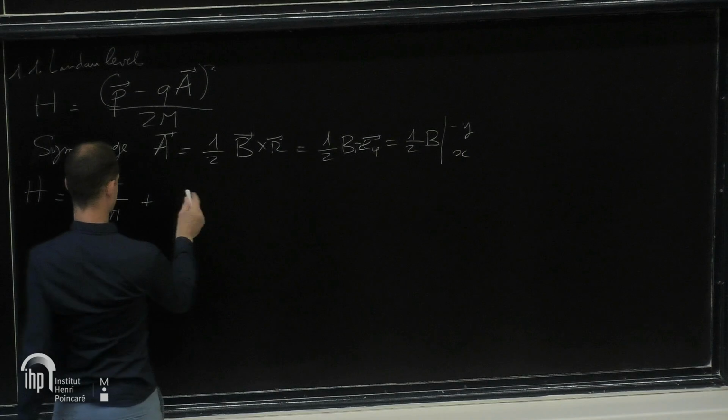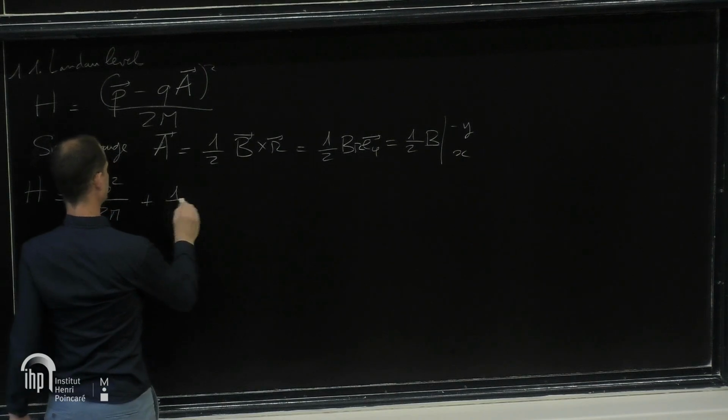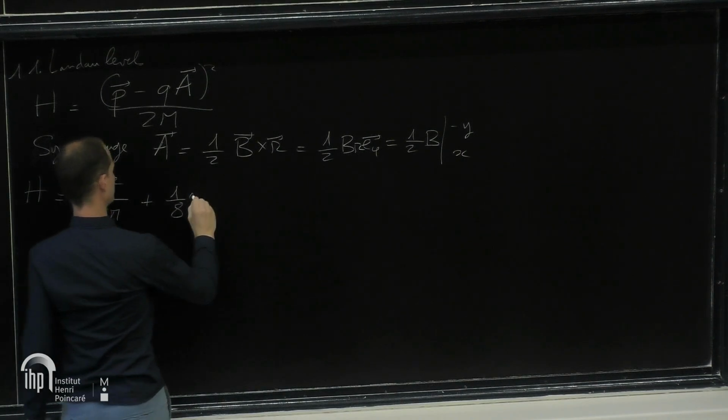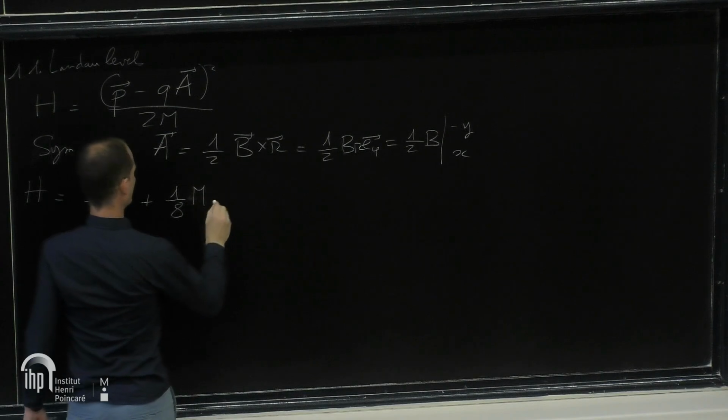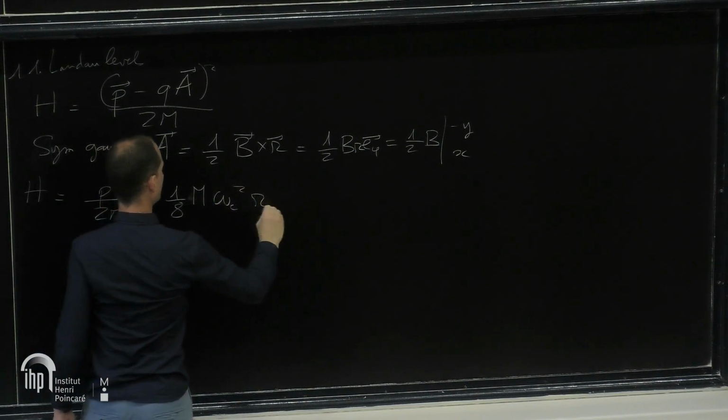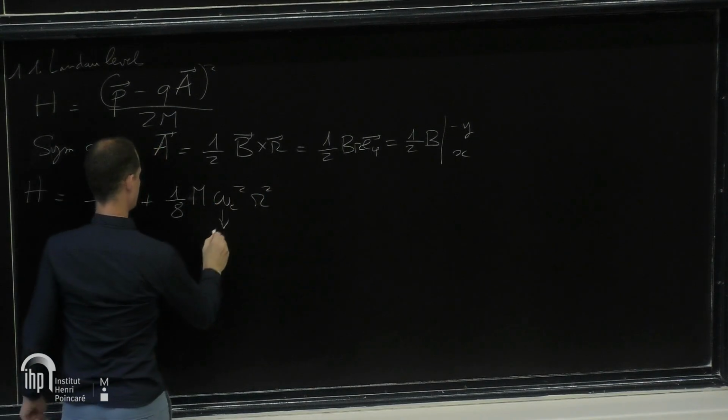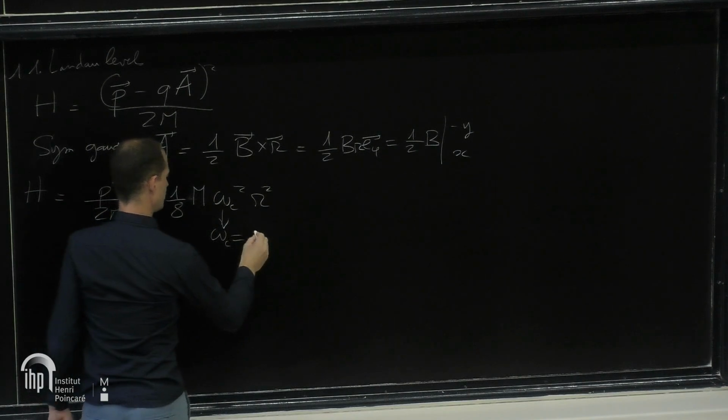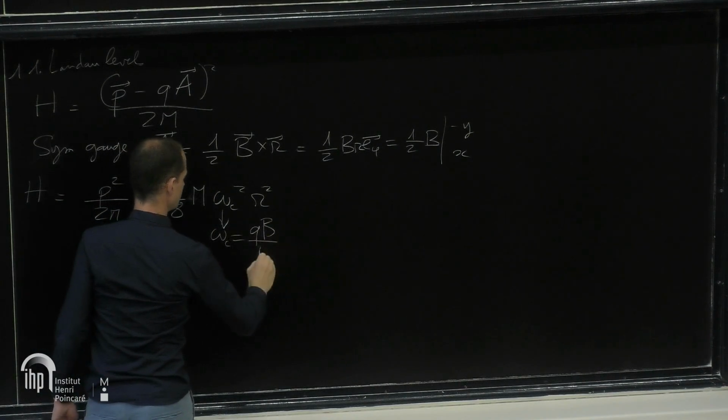So it can be expressed as an isotropic harmonic trap that can be written as follows: 1/8 of m omega_c squared r squared, where omega_c is the cyclotron frequency that we know from classical physics.